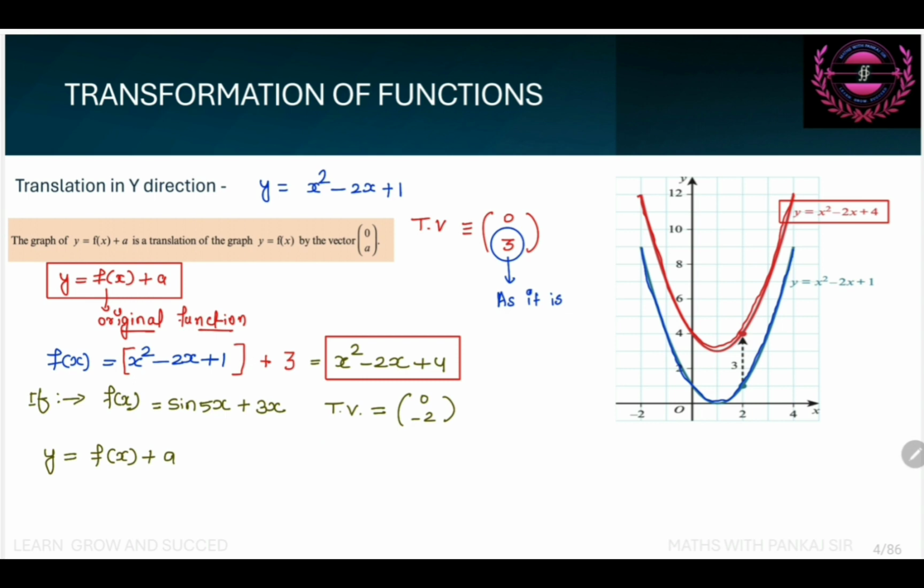Here a is minus 2. In the previous question this was a.